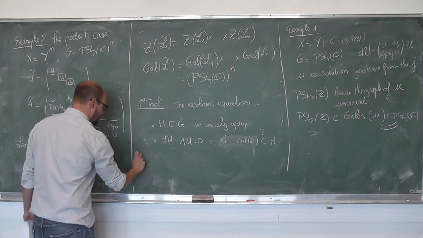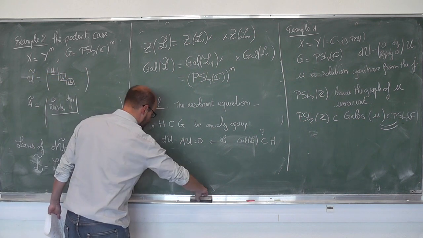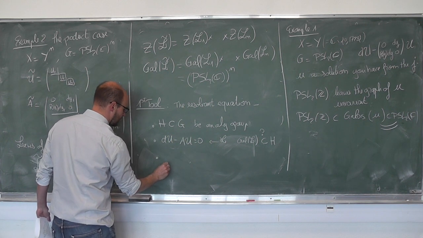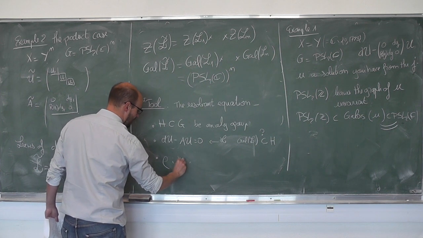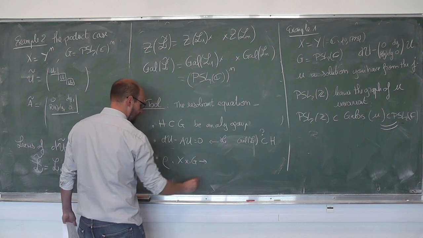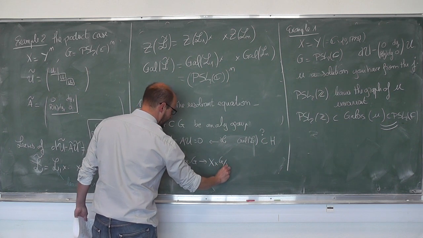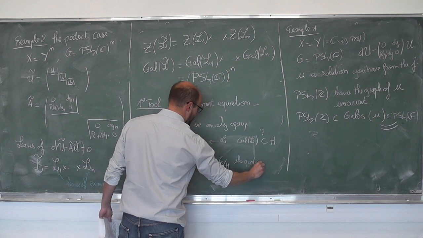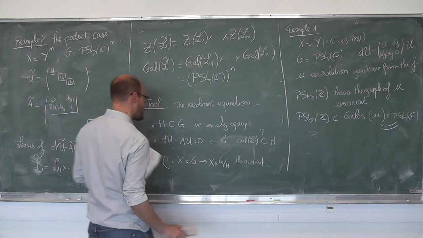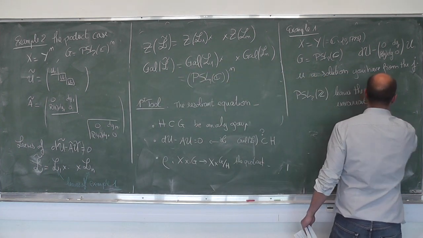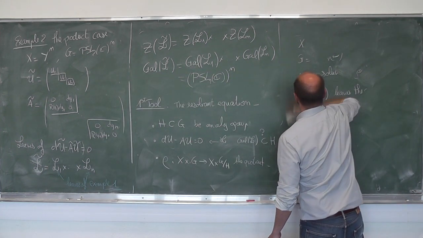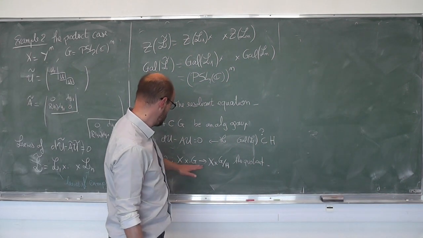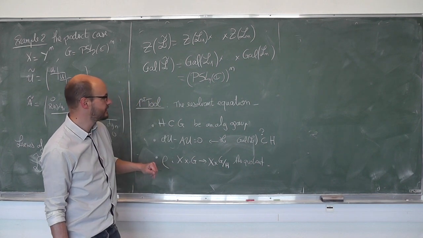So the theorem here involves the projection rho onto the quotient. So rho will be the map from X cross G to X cross G over H, which is just the quotient map. Okay, so this rho is a quotient map.